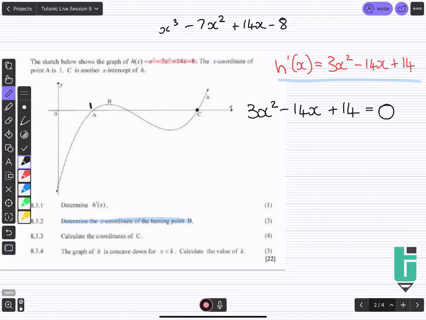We get a decimal answer. So what are the two answers you get? 1.45 and 3.22.